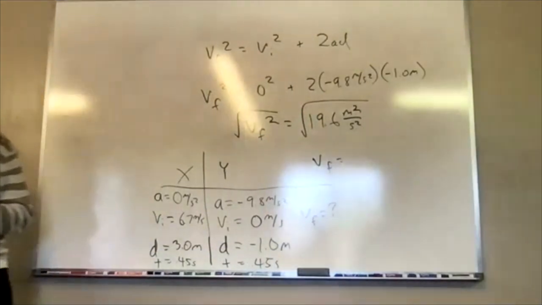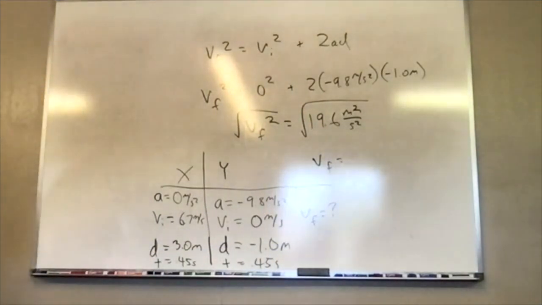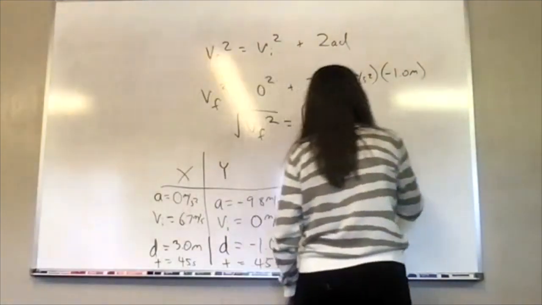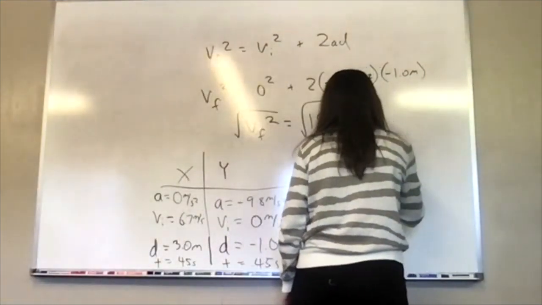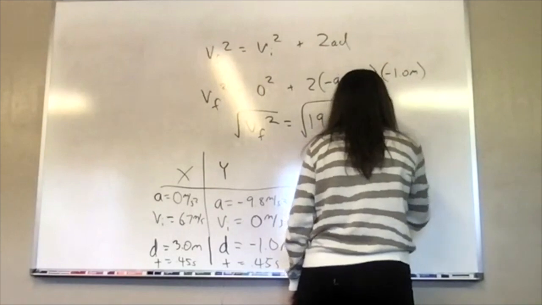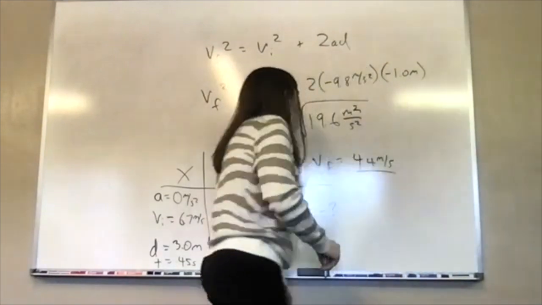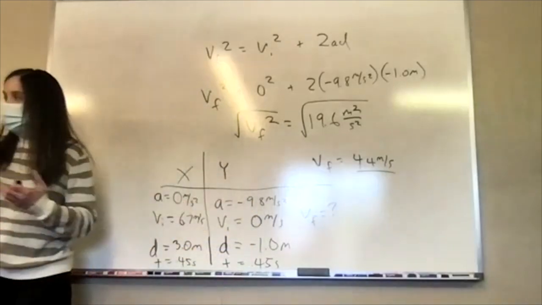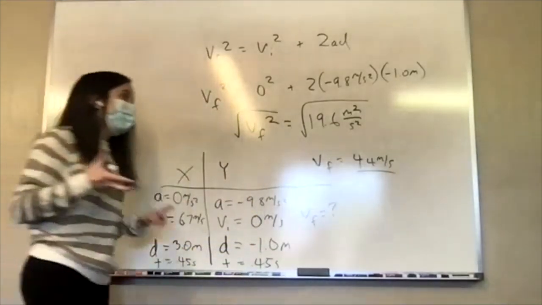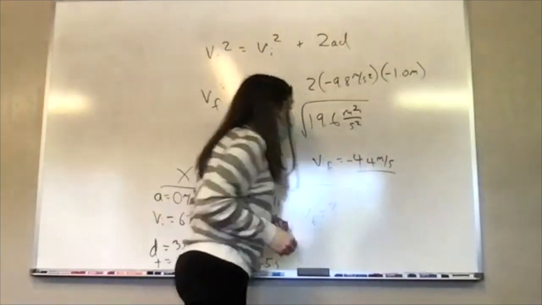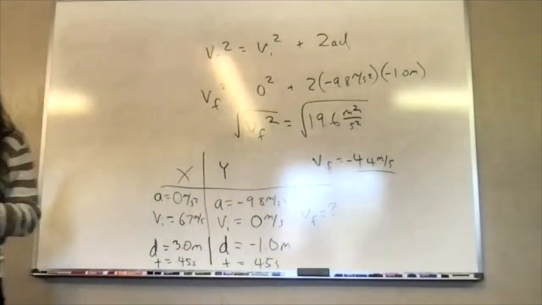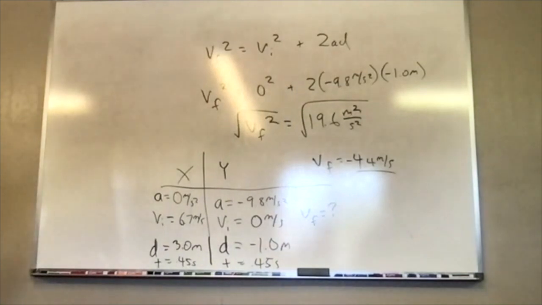What do we get after we've done that? 4.4, good. We get 4.4 meters per second. And that is a downward movement. You know, it's moving downward. So it would be correct to put a negative in here because it is a downward movement towards the ground. Okay, so that's for part C.